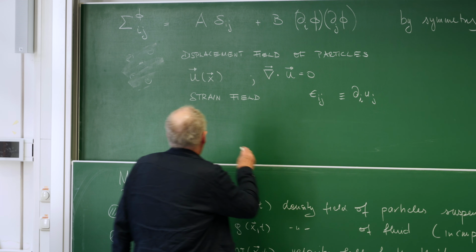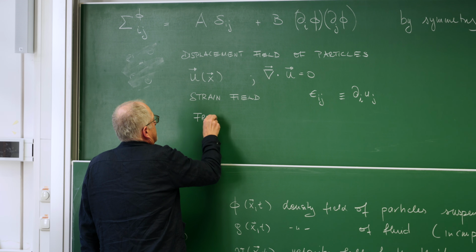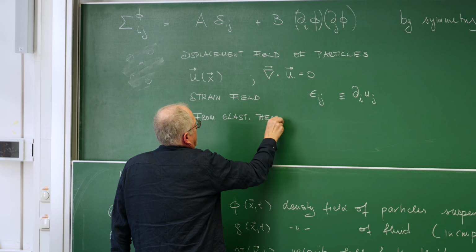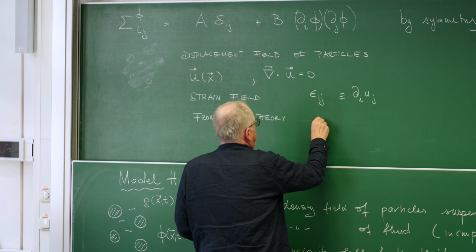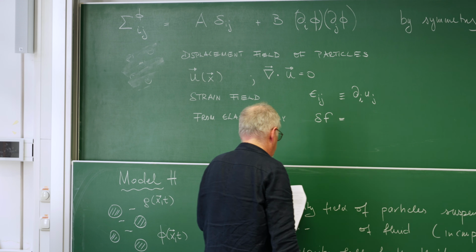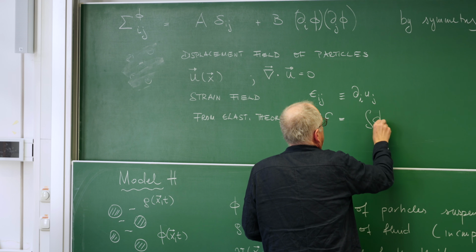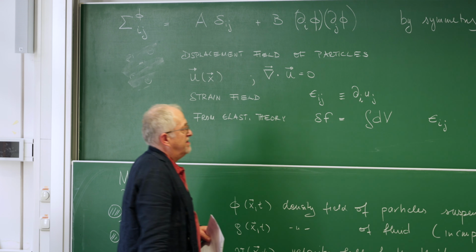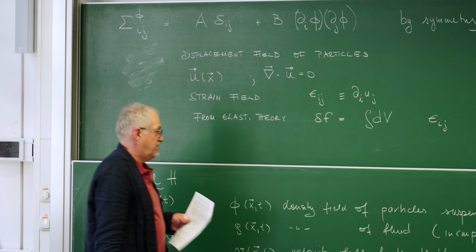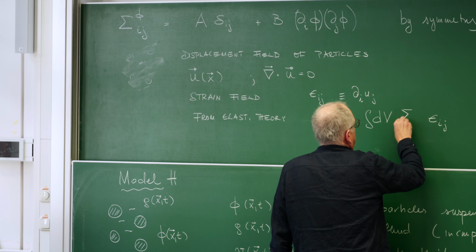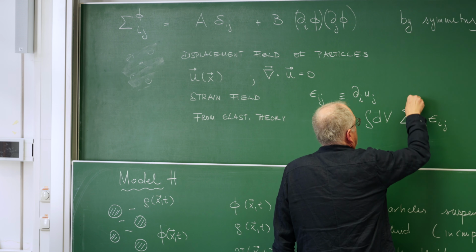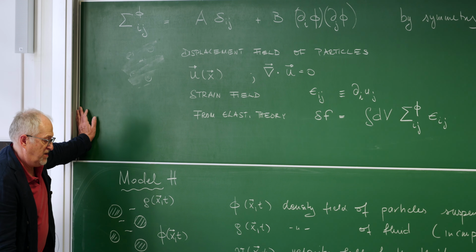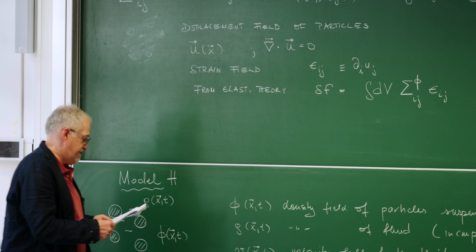And from elasticity theory, we take the corresponding expression for the free energy change that comes by those displacements. It will be given or determined by the strain field, and the response to that is the additional stress term that you have in the equation for the fluid motion.